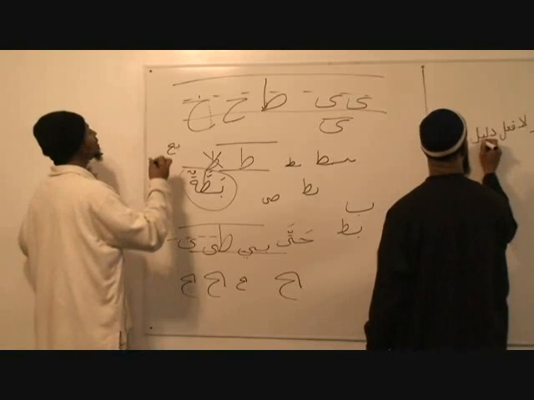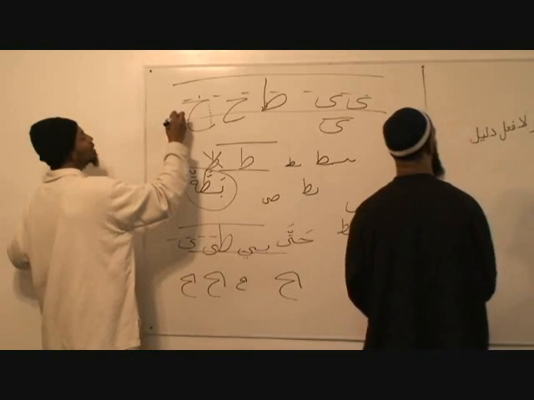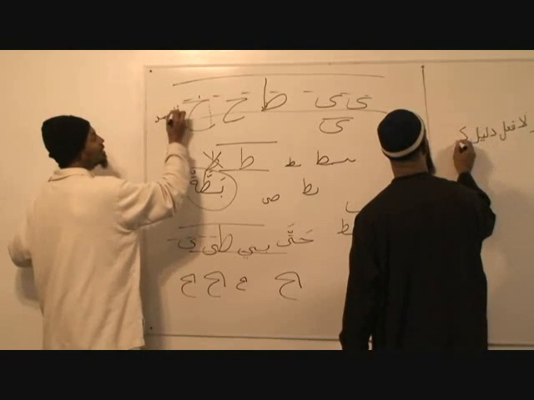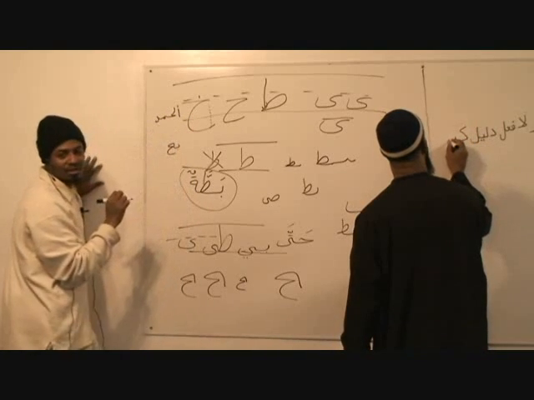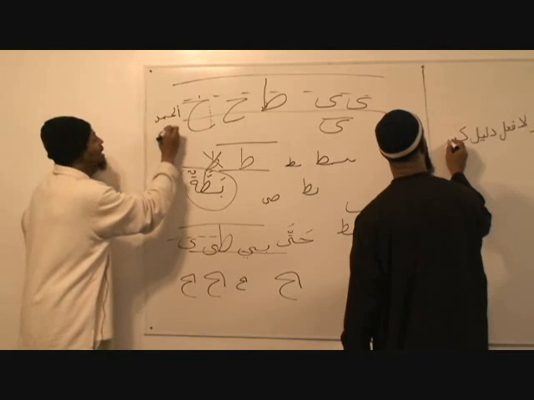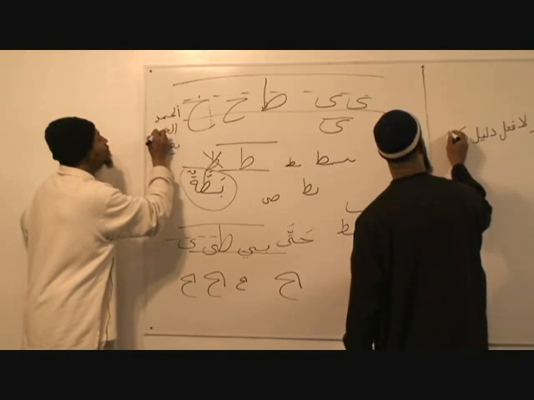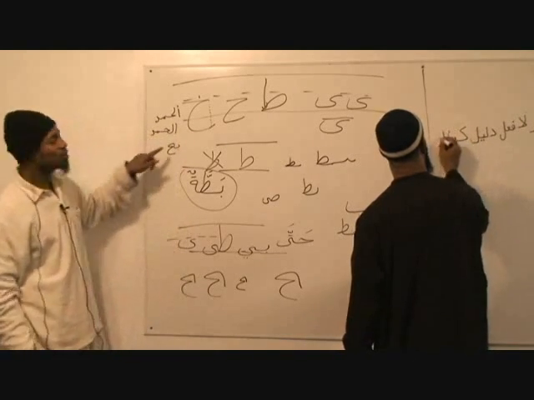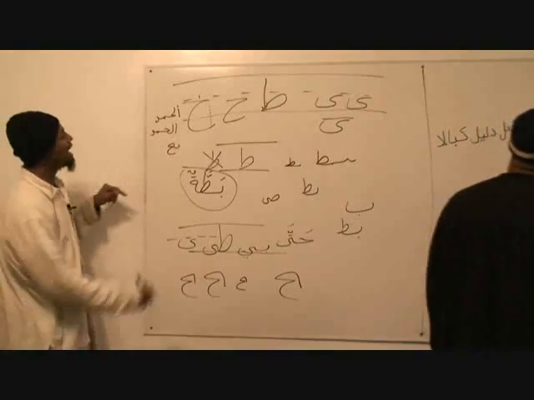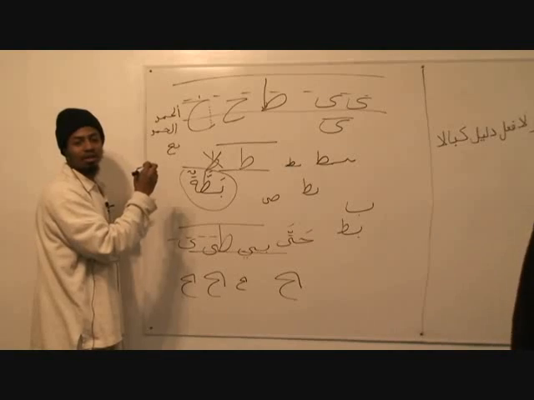And that's why you see Alhamd. You see, the ha is connected to the lam. This is incorrect for someone writing with their hand. You see the difference? Why is this different? Because I had to lift up my pen and write this.